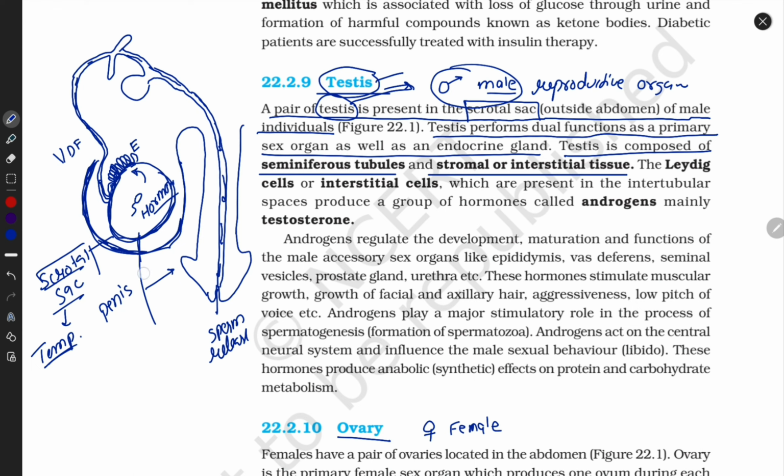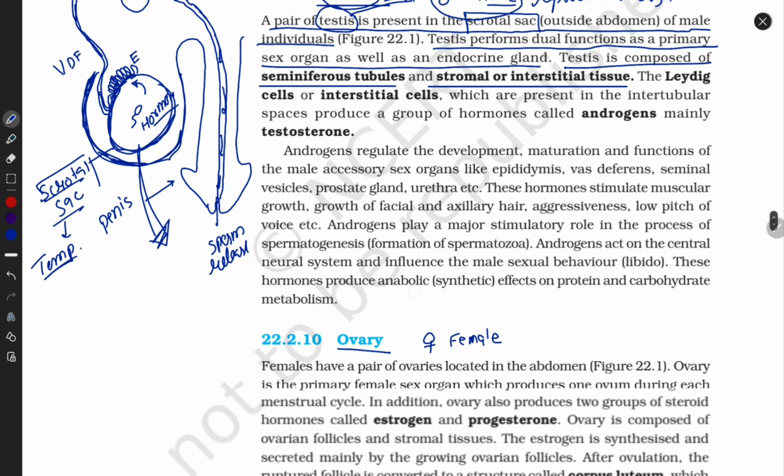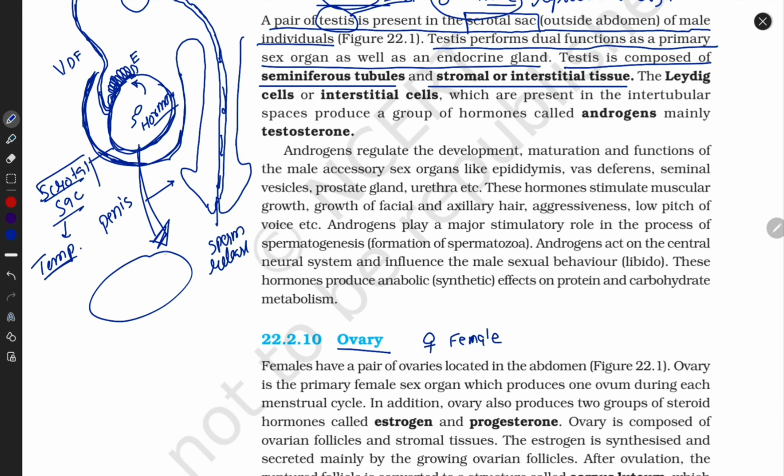Look here. The testes are made up of two kinds of tissues. First is the seminiferous tubules, this is the seminiferous tubules. And another one is the stromal or interstitial tissues. Is the term clear?